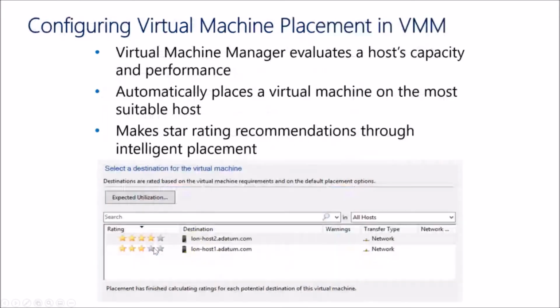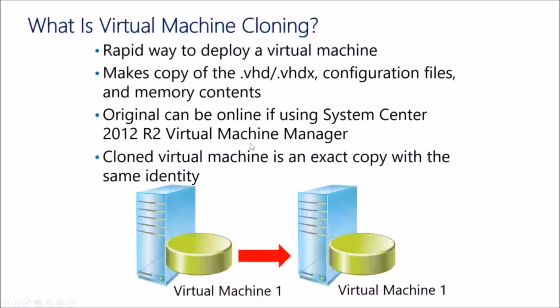Then I can manually select host 1 even though it's recommending host 2. So intelligent placement can be automatic or can be a recommendation.